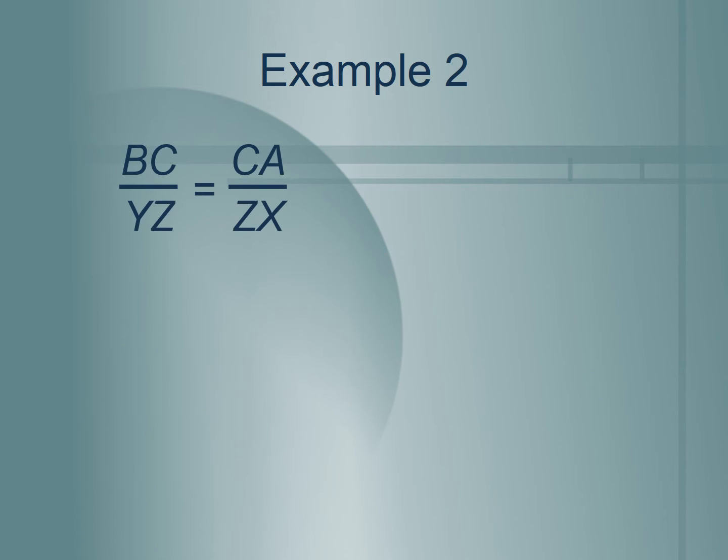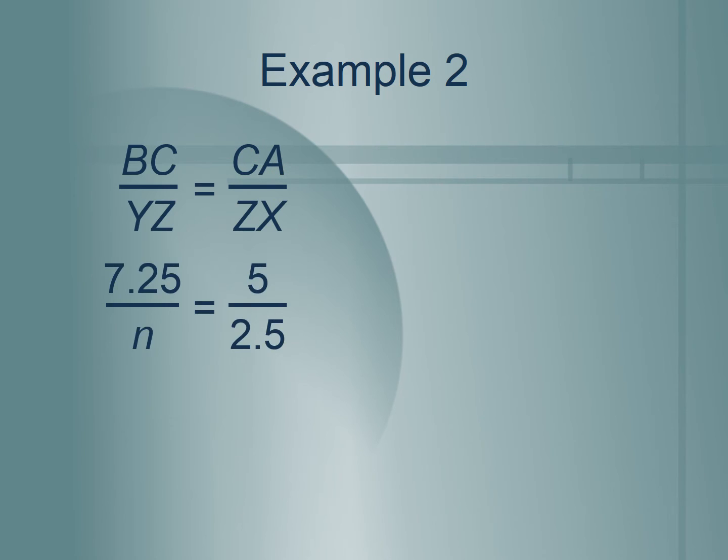So again, if we can set up a proportion, remember the BC and the CA, those come from the first figure, whereas the YZ and the ZX come from the second figure. Just make sure that if you put BC on top for your first ratio, that same figure goes on top in your second part of your proportion.